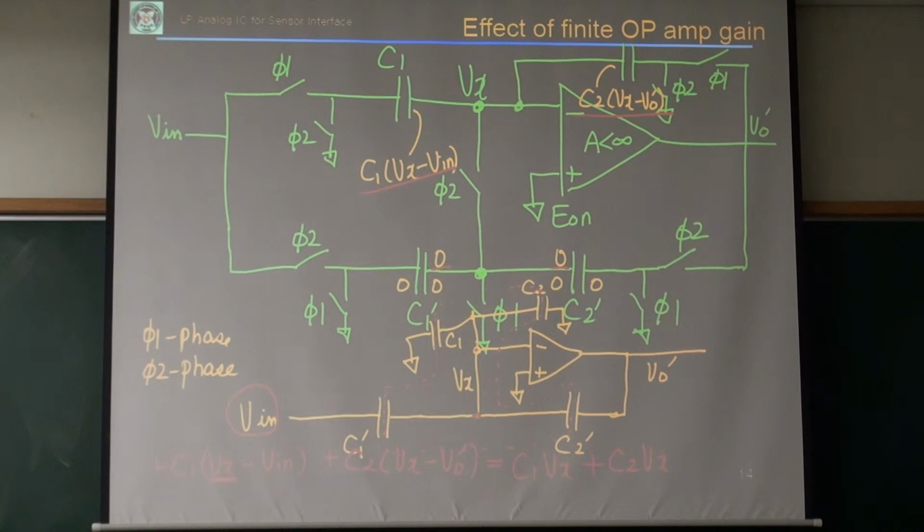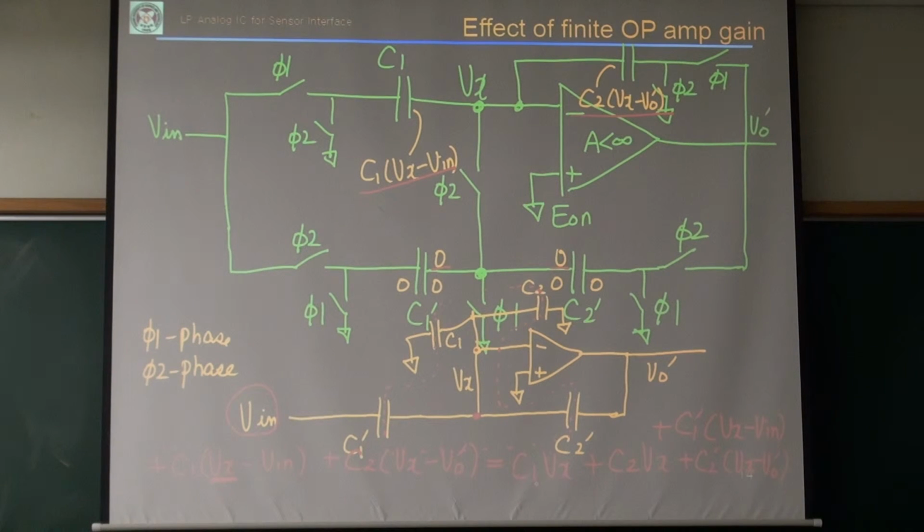And how about C1 prime? C1 prime is C1 prime (Vx minus V in). How about C2 prime? That's C2 prime (Vx minus Vo prime). Okay, then what happens? Let's see, C1 Vx, C2 Vx.